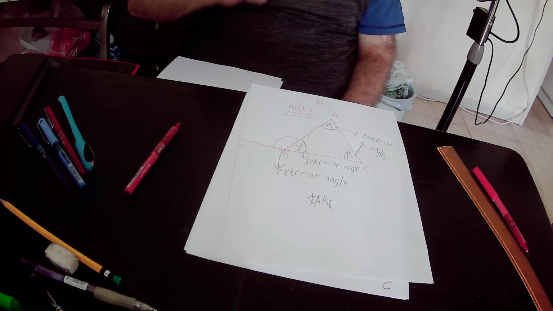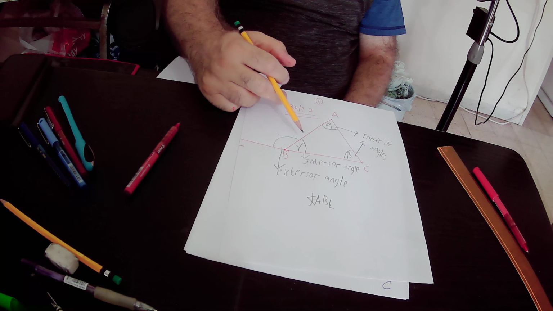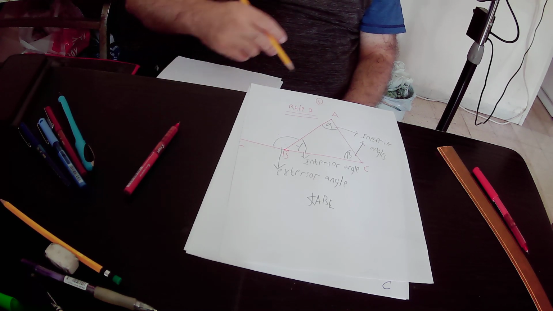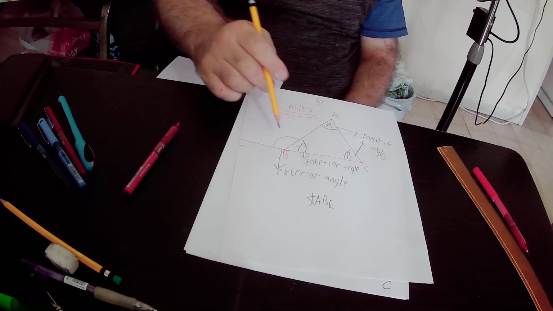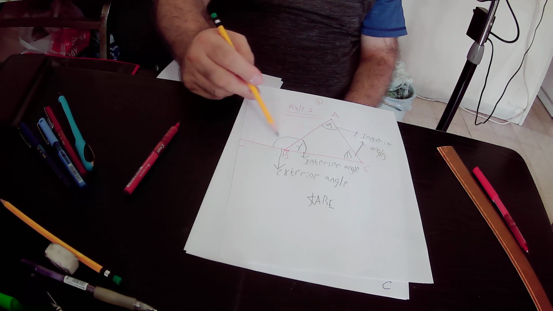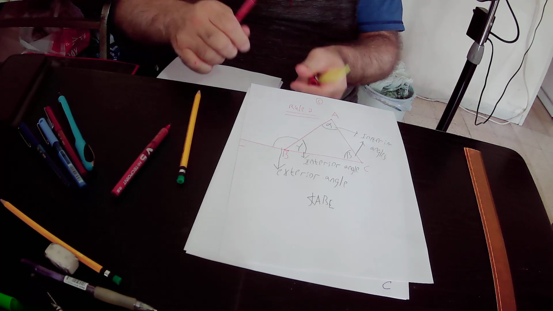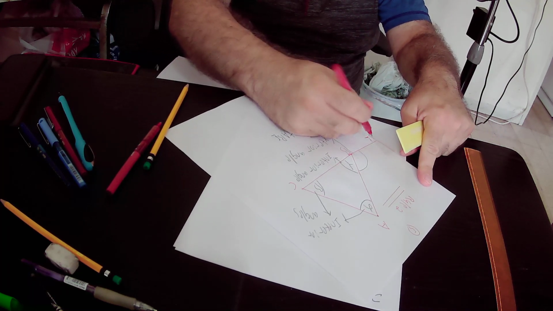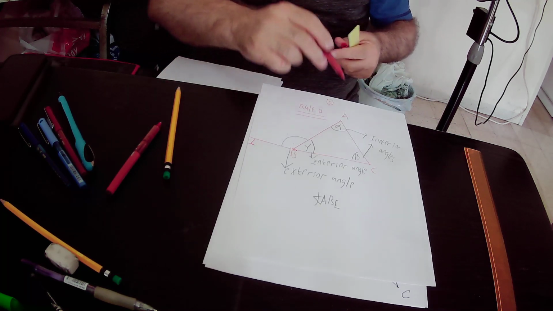For that reason, angle ABL is defined as the exterior angle of triangle ABC.